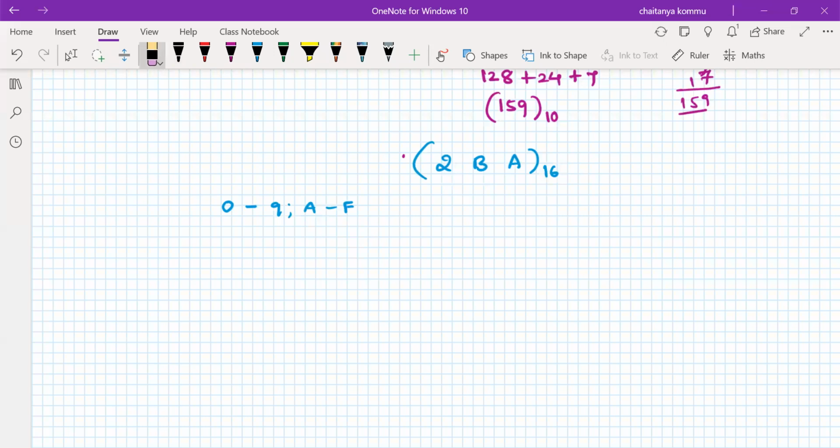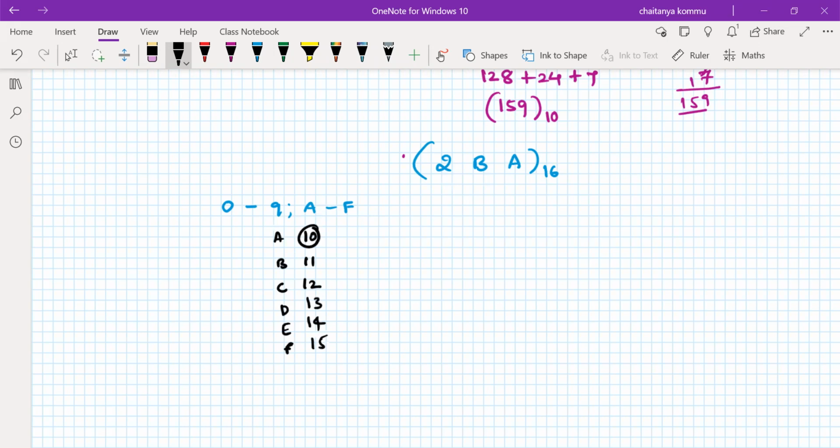That's the reason I'm using A as one digit, but for calculation purposes, A is 10. B is 11, C is 12, then 13, 14, 15, so this is for A, B, C, D, E, F. For the calculation, we have to consider these values.